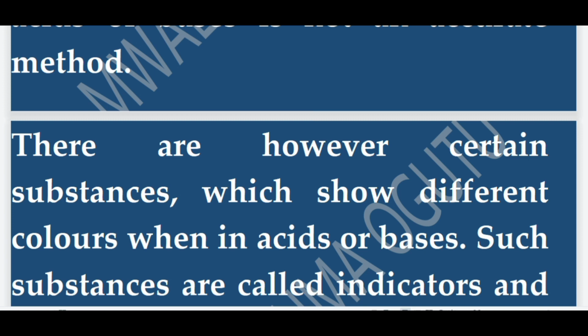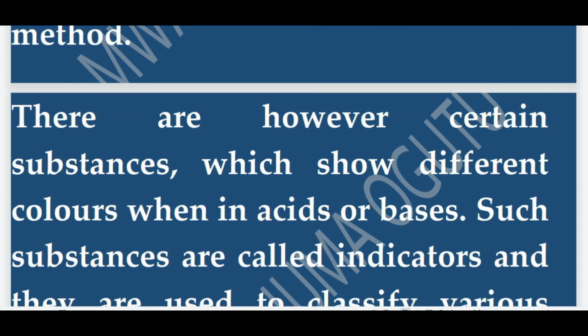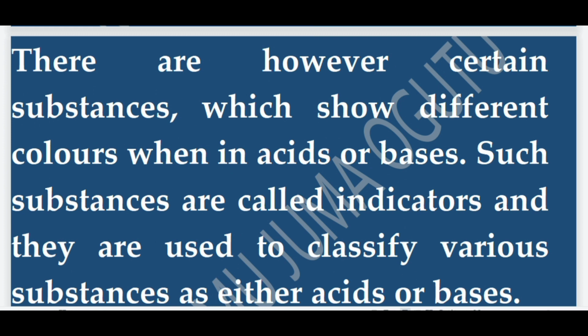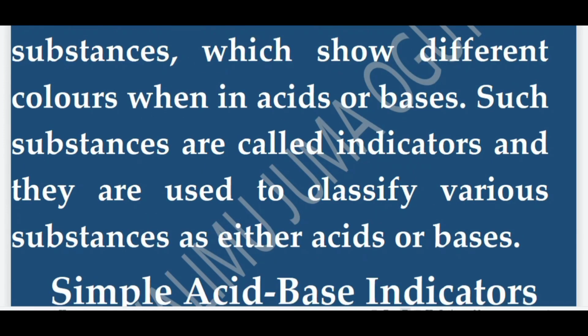These substances that show different colors when in acids or bases are called indicators, and they are used to classify substances as either acids or bases.